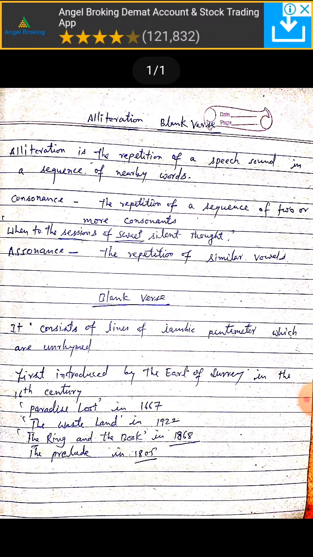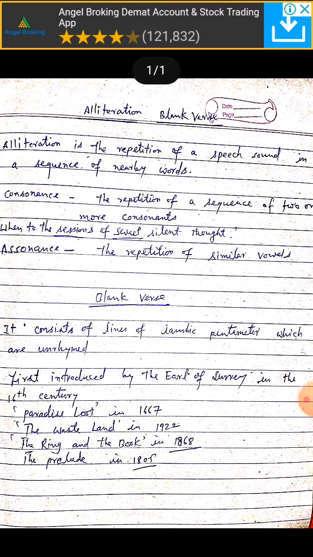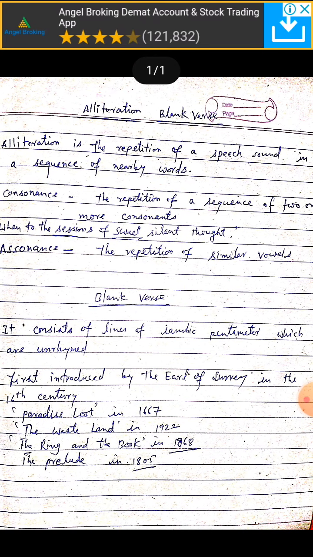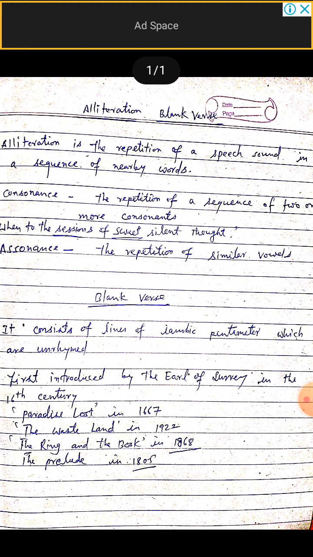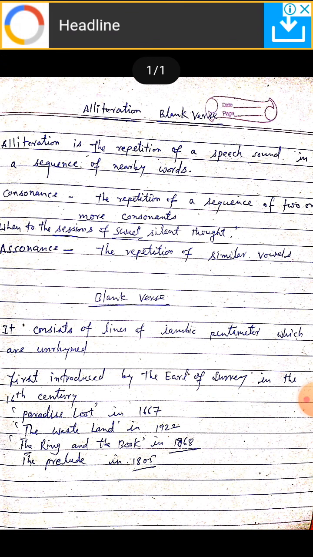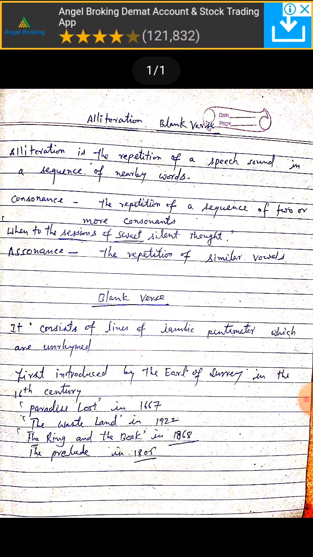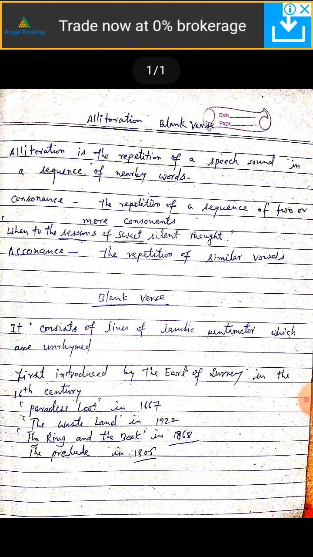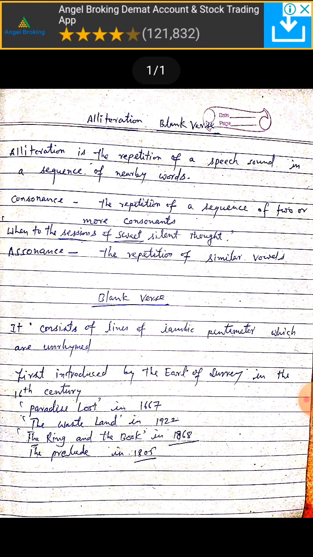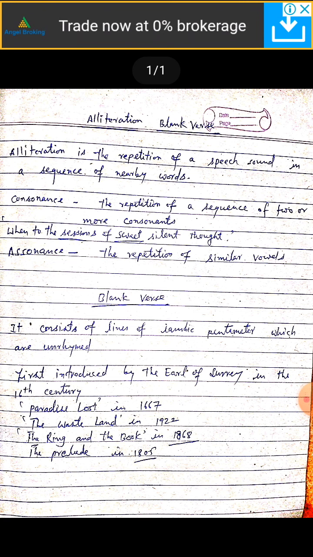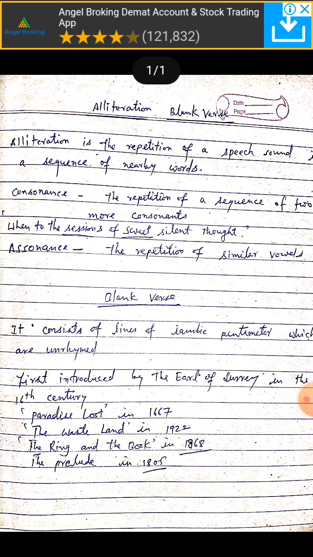So there are many examples of poetry where it was used: T.S. Eliot's The Waste Land in 1922, The Ring and the Book in 1868, The Prelude by William Wordsworth in 1805. So these are some pieces of poetry where blank verse was used.